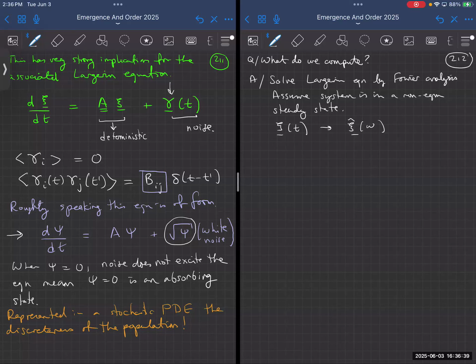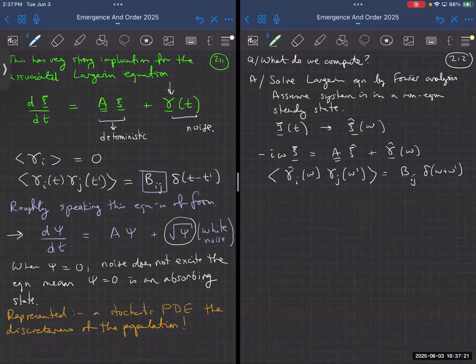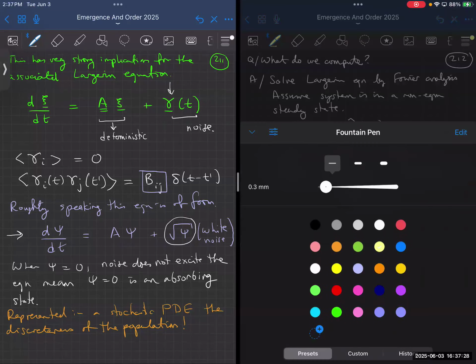And the Langevin equation is then going to have the following form: minus i omega psi hat is equal to this matrix A times psi hat plus gamma hat of omega, and the Fourier transform of the noise looks like this. Really, you should think of this as only non-zero when omega prime is equal to minus omega. So that's what this equation looks like.